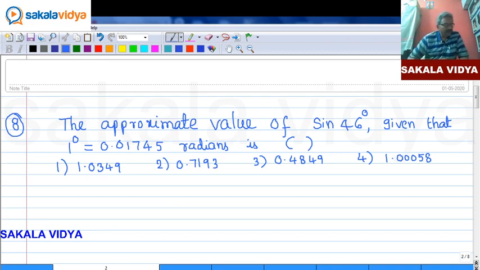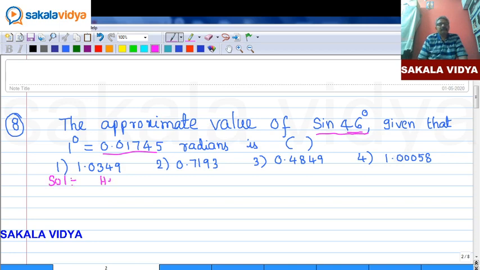So now we need to find the approximate value of sine 46 degrees, because sine 45 degrees we know is 1 by root 2, but sine 46 degrees we need to find out, meaning it will be more than 45 by 1 degree. That 1 degree we need to take as delta x. So now here you see the solution.